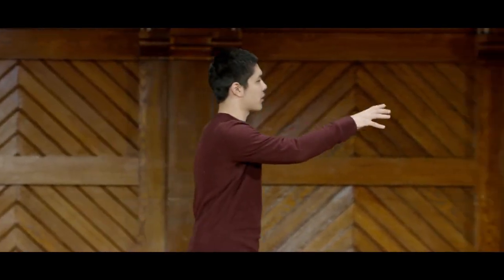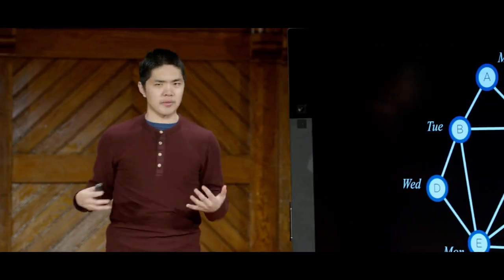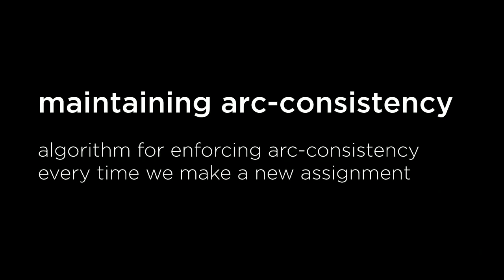And the way we did that is by interleaving this search process and the inference step, by this step of trying to enforce arc consistency. And the algorithm to do this is often called just the maintaining arc consistency algorithm, which just enforces arc consistency every time we make a new assignment of a value to an existing variable.